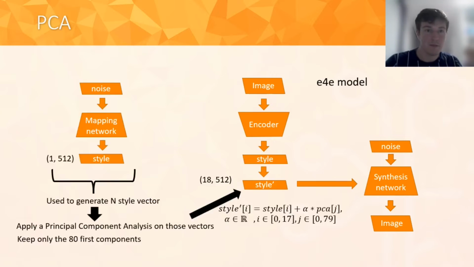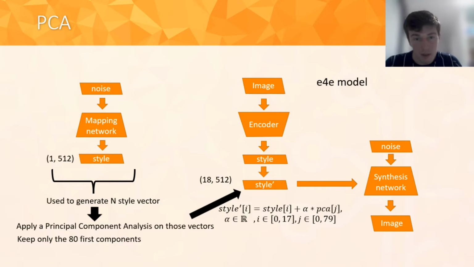Okay, the first way to explore the latent space is to generate N style vectors with the initial mapping network, and to apply a principal component analysis on those vectors. The repository we had gives us the first 80 components, and they say that is sufficient to explore the latent space.